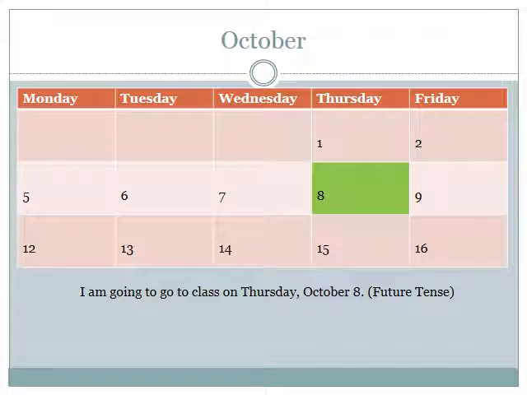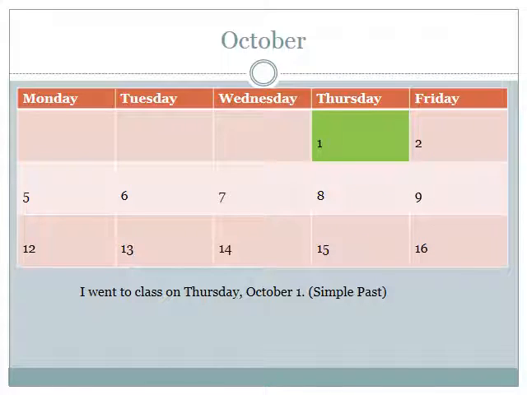Here with the future tense, I'm going to go to class on Thursday, October 8th. We're talking about a plan for the future, or a prediction for the future. Okay, but again, you can see on the calendar that that's sometime in the future. And then here is the simple past tense. I went to class on Thursday, October 1st.